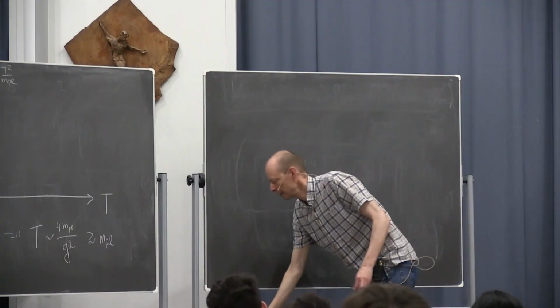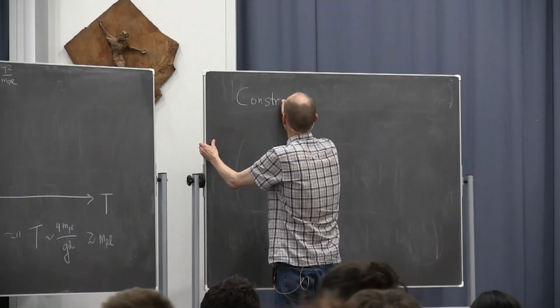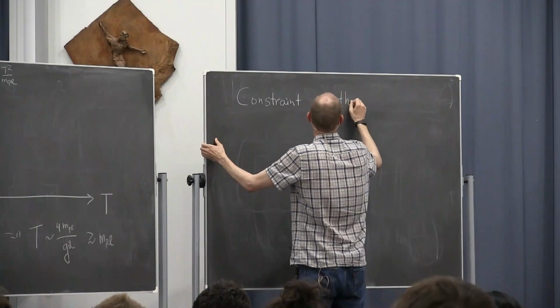And now, in particular, there's a famous constraint on the scale of inflation.